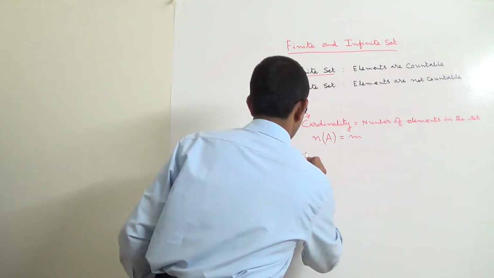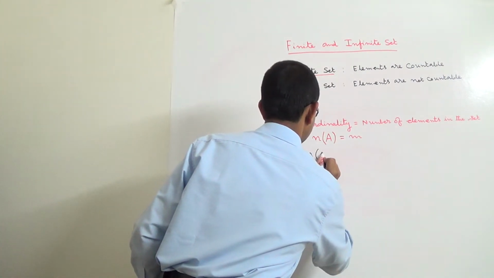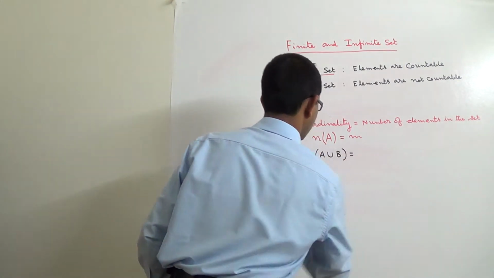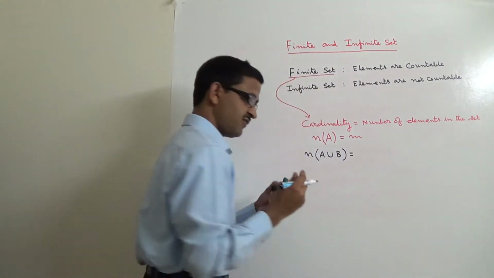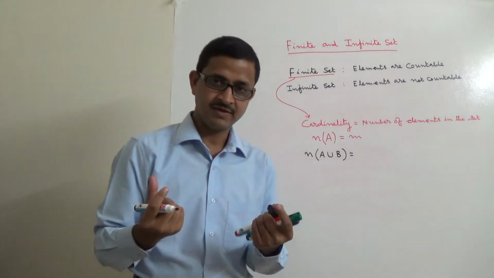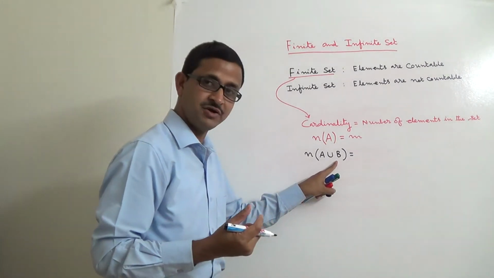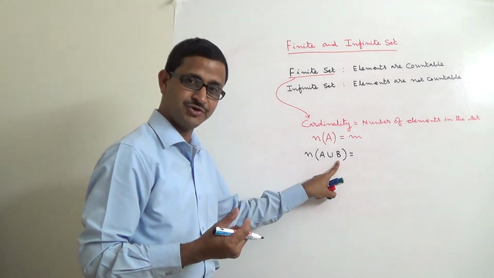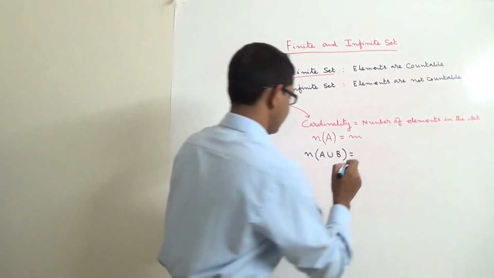That is called n of A union B. If I have two sets A and B, the cardinality of the set A union B, that means the number of elements present in A union B, we can express in this way.